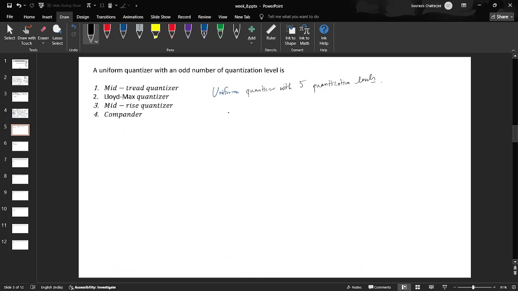Let us consider now the samples take value in the interval minus 5 delta over 2 to 5 delta over 2, right? So again, similar to earlier, we are going to break it into 5 different quantization intervals.